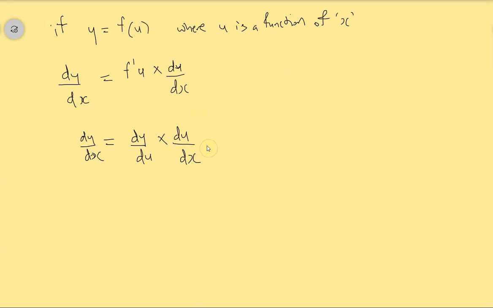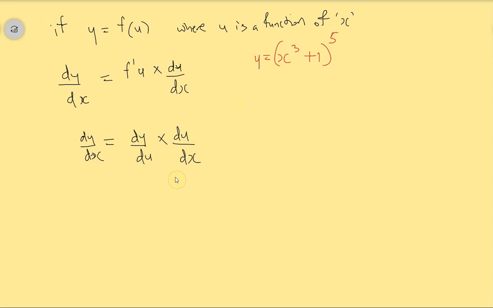Right, now let's apply this formula here to a problem. Let me write something here. Let's say we have y equal to x cubed plus 1 raised to the 5th power.